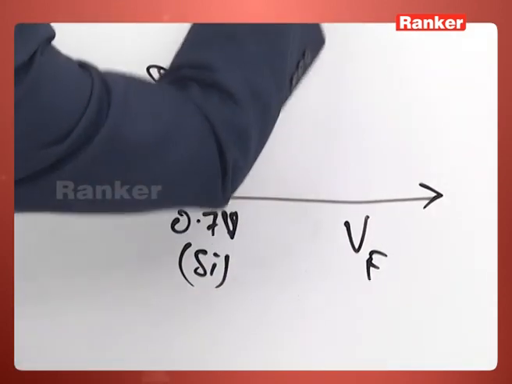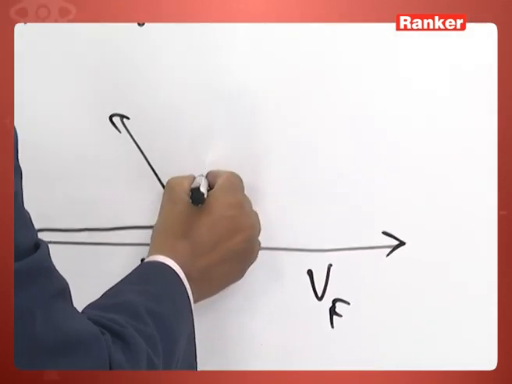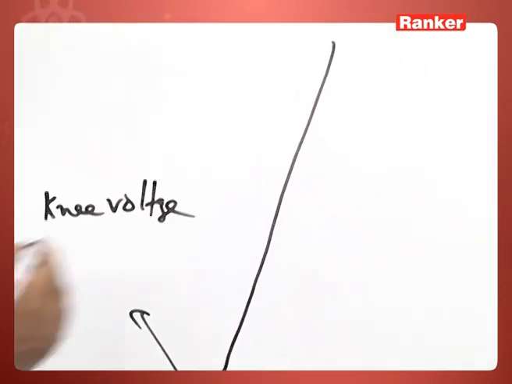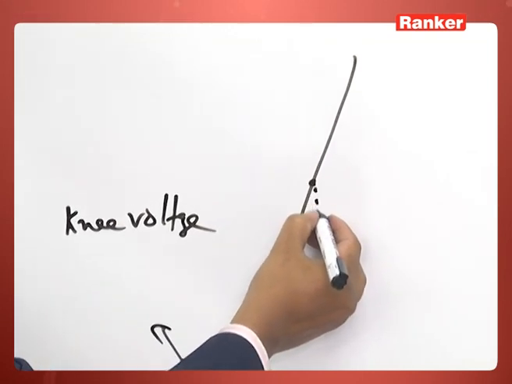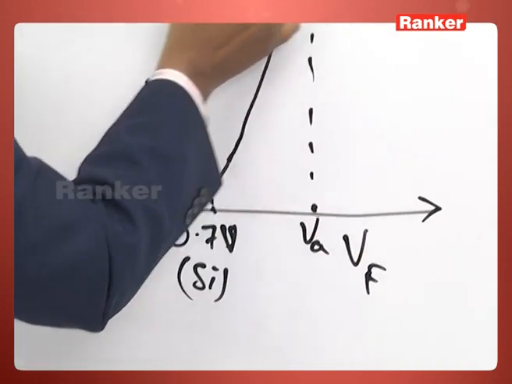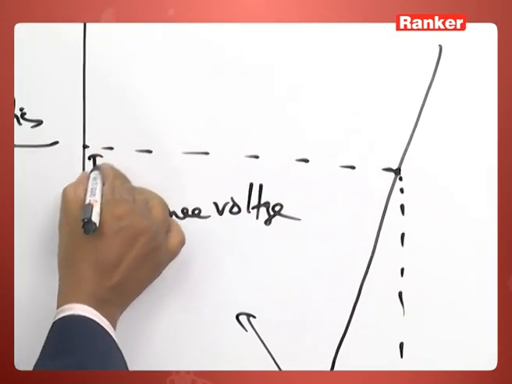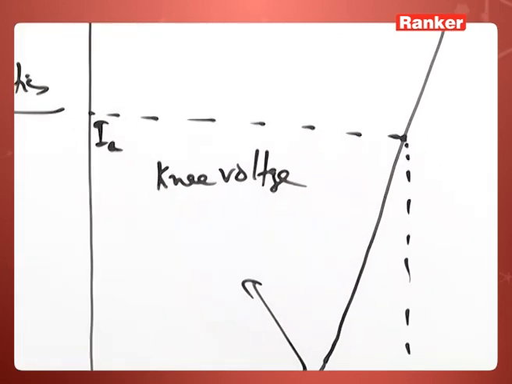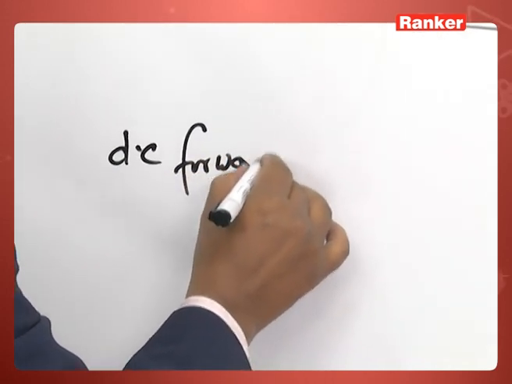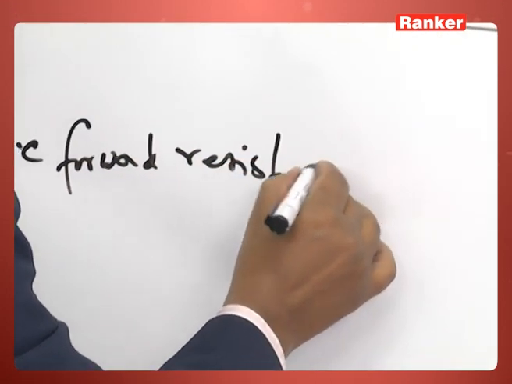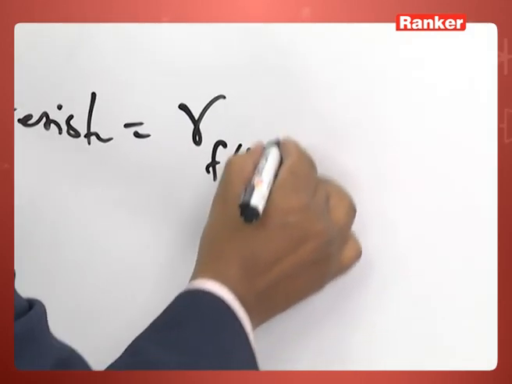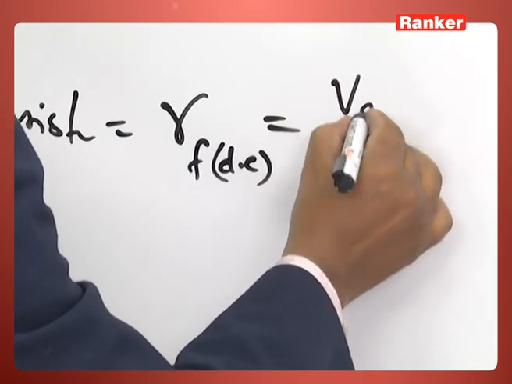Then the graph becomes nearly linear. If I take a point here, and calculate VA, for which there is a corresponding current IA, then we can define the DC forward resistance. Its symbol will be R forward DC, equal to VA by IA.